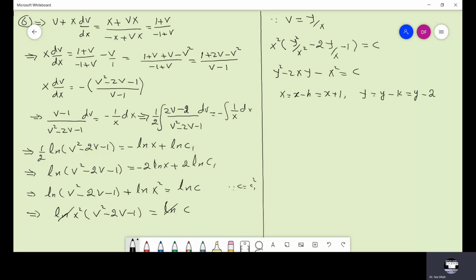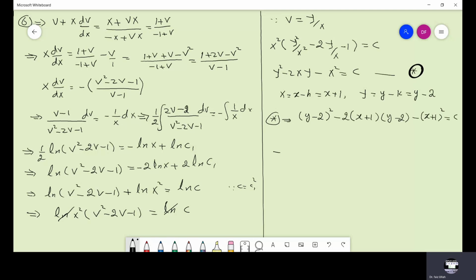So we have y minus 2. Let us put these values in equation number star. So star becomes, we have y minus 2 whole square minus 2 into x plus 1 into y minus 2 and minus x plus 1 whole square is equal to c.